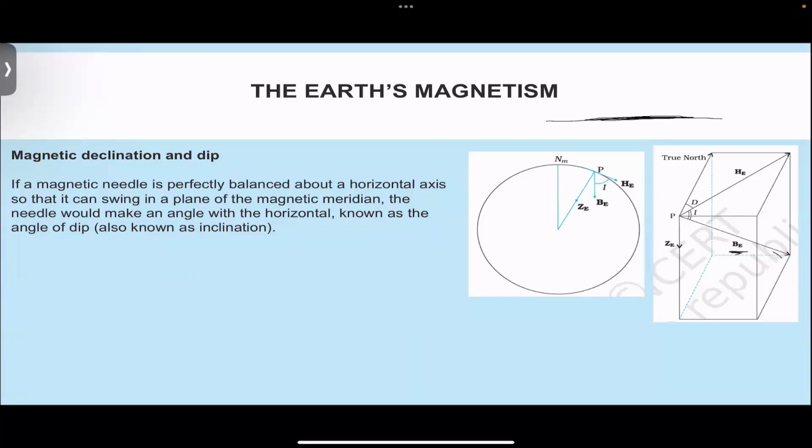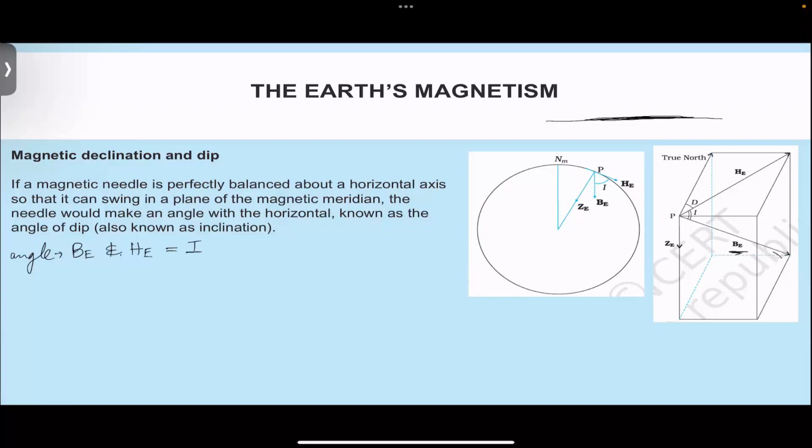The angle that it makes with the horizontal surface of the earth is called the inclination. So if we consider that the angle between BE and HE is I, this is your inclination.